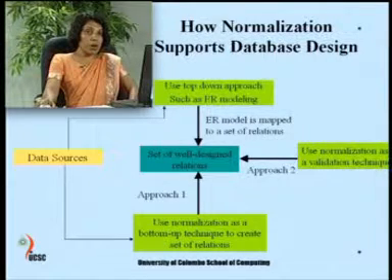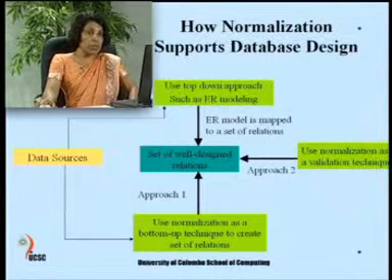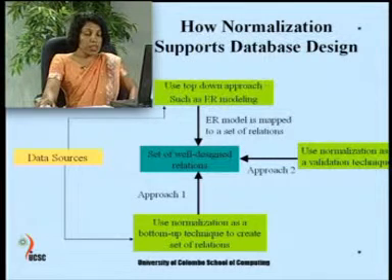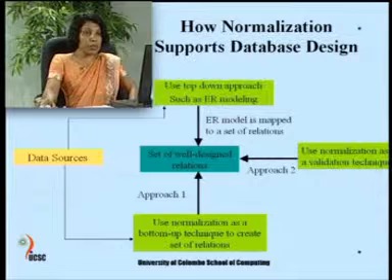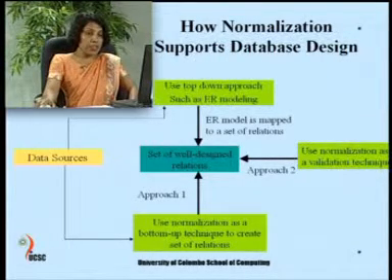And now you may be familiar with ER modeling, and if you use the ER modeling approach to design your database, you know that after drawing the ER diagram, you have to do mapping. There is a mapping process to obtain a well designed set of relations.